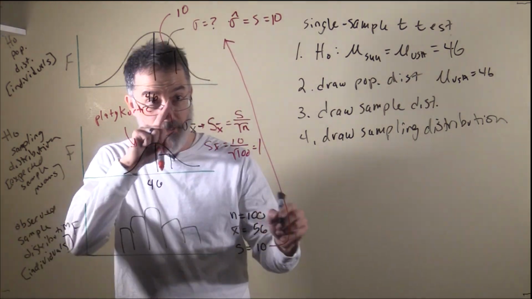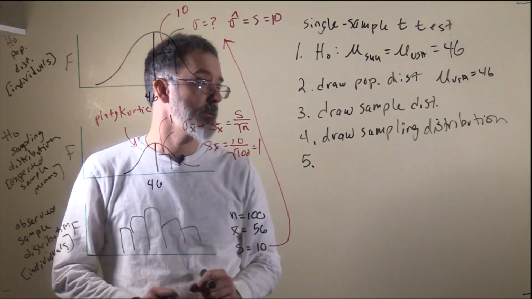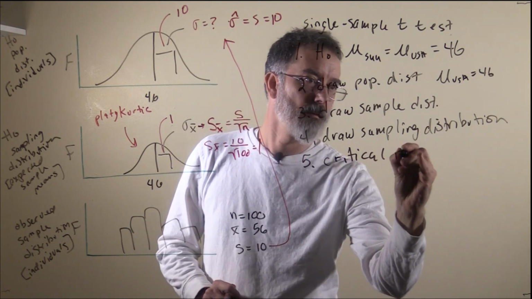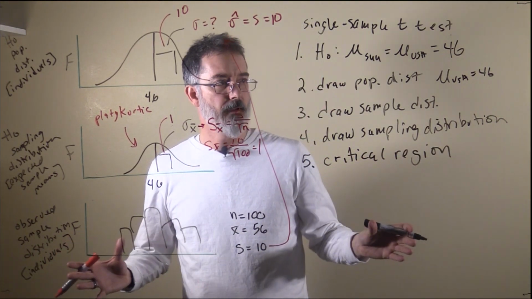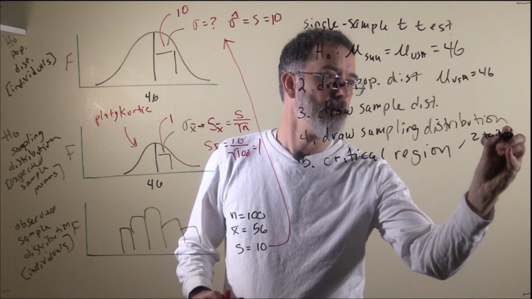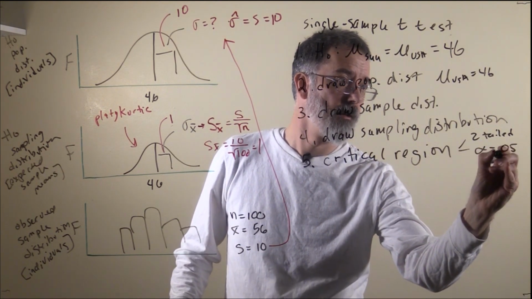So everything that was a z is now going to be a t when you go from a z-test to a t-test. So the fifth step, just for the t-test, just like it was for a z-test, is to determine our critical regions and the critical values to go with it. Of course we're going to do a two-tailed test like you pretty much always should. Alpha of 0.05, just like before.